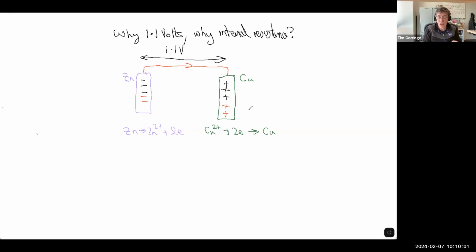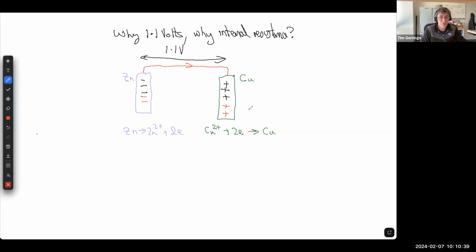But if we try and draw a large current, a high current between the two electrodes, our rate of reactions, our zinc reaction and copper reaction, they actually can't keep up. And so we do start to deplete the charges on the zinc negative electrode and the copper positive electrode. If we deplete the number of charges on the two electrodes, that is depleting the electrical potential hill between the two electrodes. That is, if we draw a large current, we see a smaller voltage. That is the effect of the internal resistance.